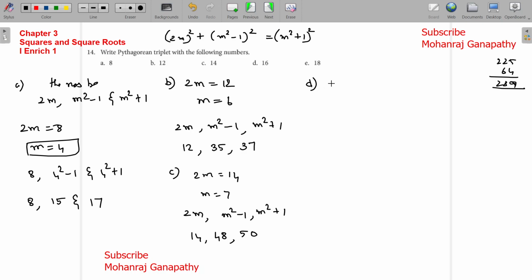C completed. D: 2m is equal to 16, m is equal to 8. So our numbers are 2m, m square minus 1 and m square plus 1. 2 into 8 is 16, 64 minus 1 is 63 and 64 plus 1 is 65.